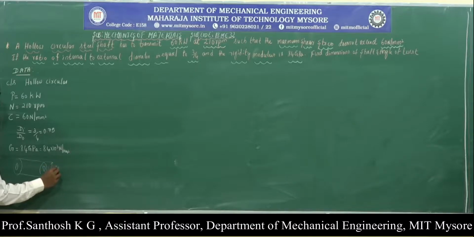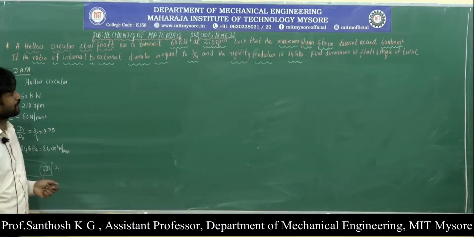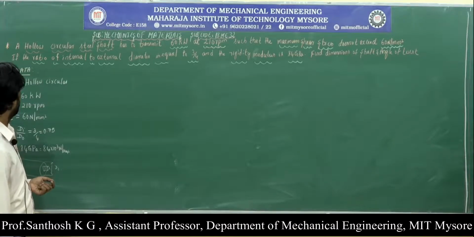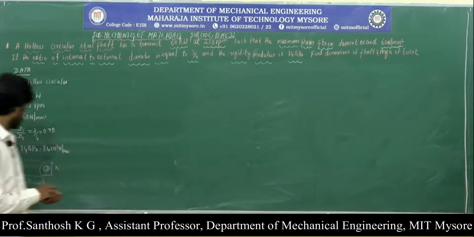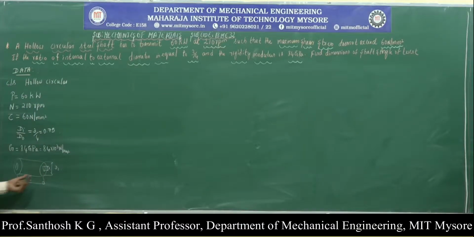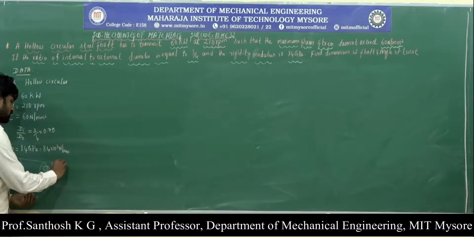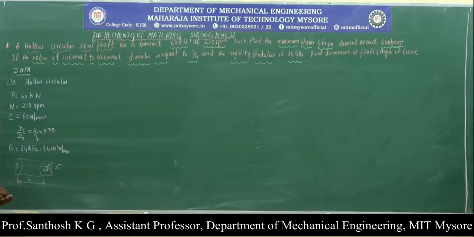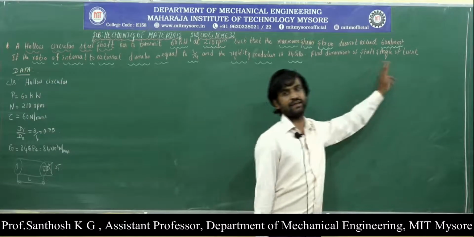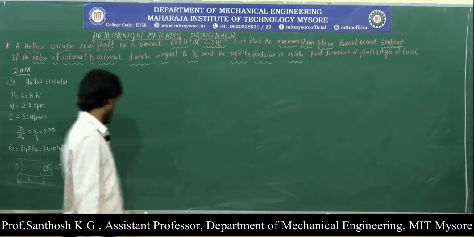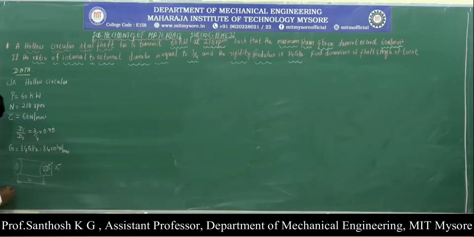One diameter is D naught, the inner diameter is Di, and we also have the length, which is denoted by L. Since they have asked us to find the dimensions of the shaft, I should find the value of D naught and the value of Di, and also the angle of twist, which is denoted by theta.